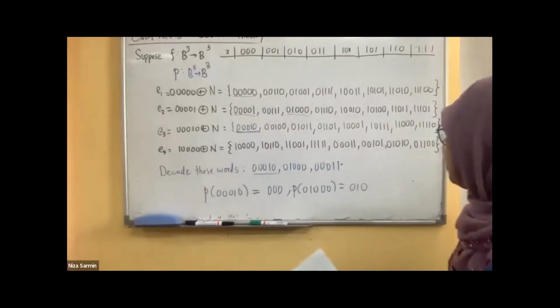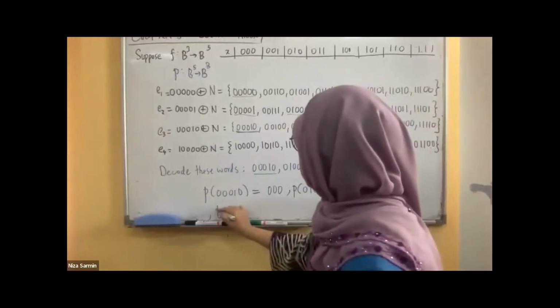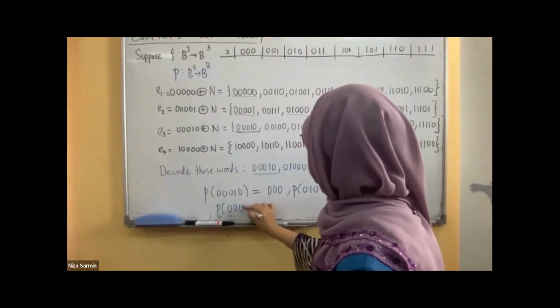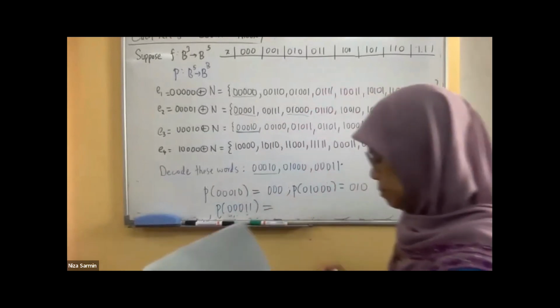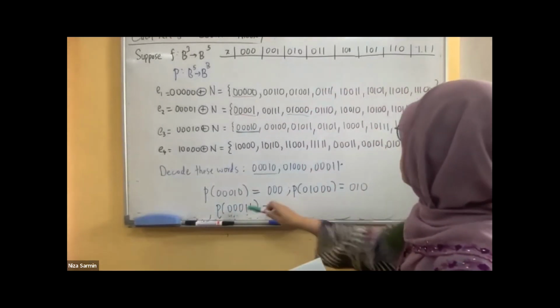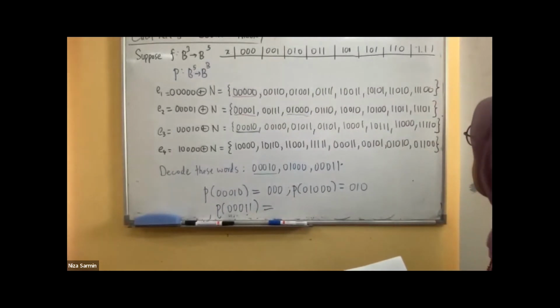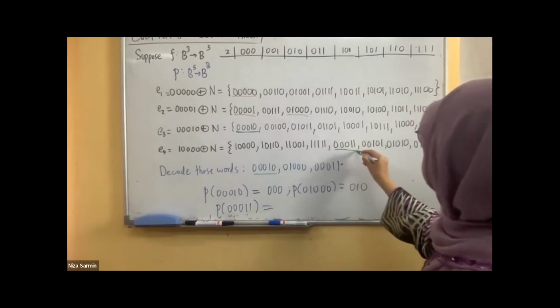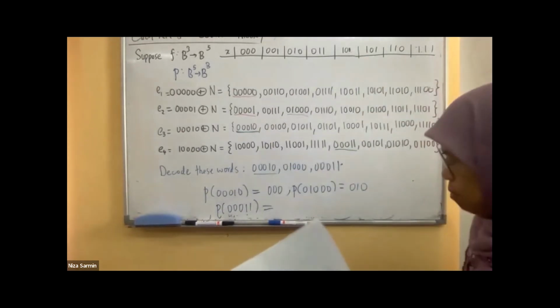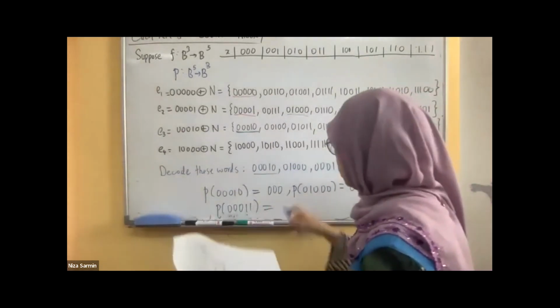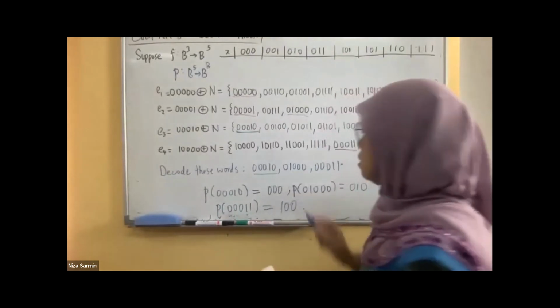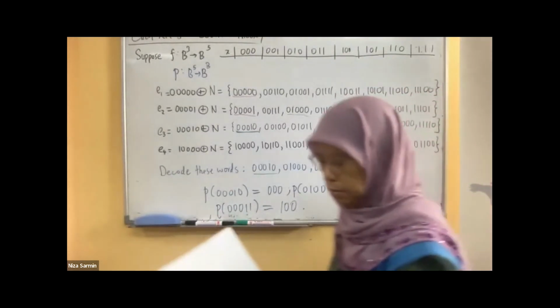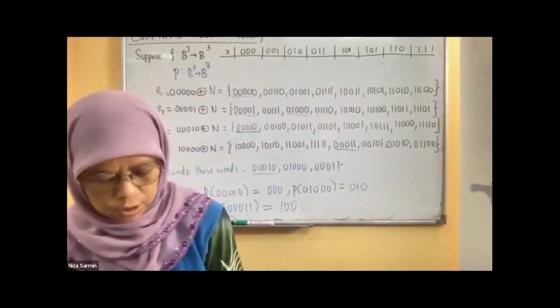Last one. P of 0, 0, 0, 1, 1. Here, right? 1, 0, 0. So this is the answer of decoding.